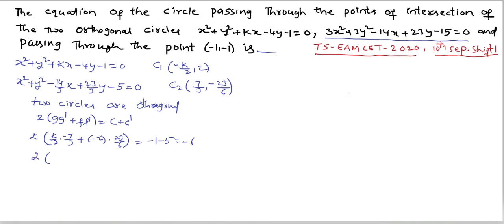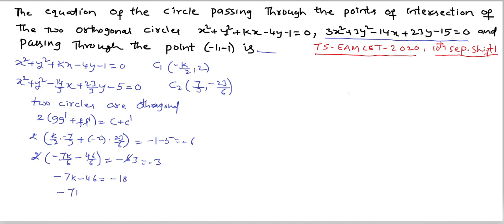So 2 into minus 7k by 6 minus 46 by 6 equal to minus 6. Cancelling, 3 times, minus 7k minus 46 equal to minus 18.